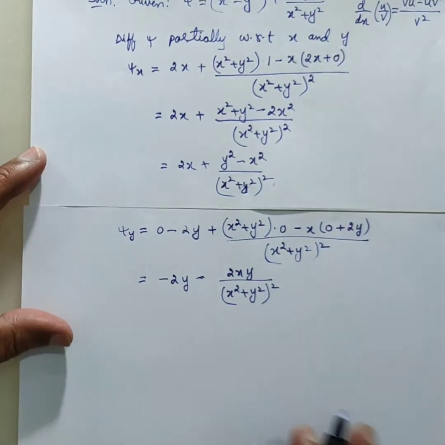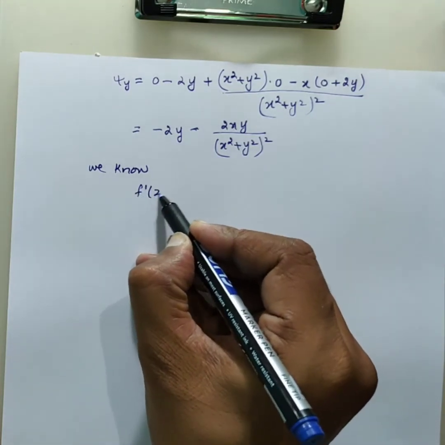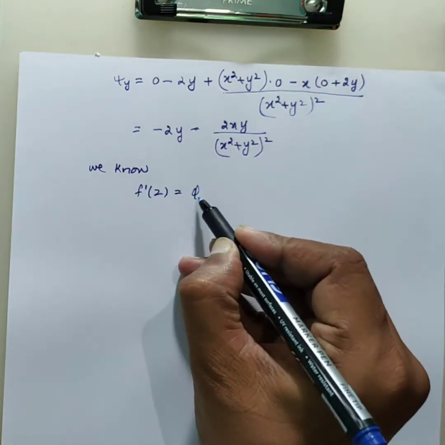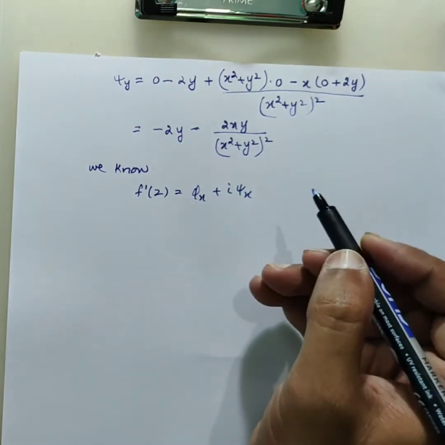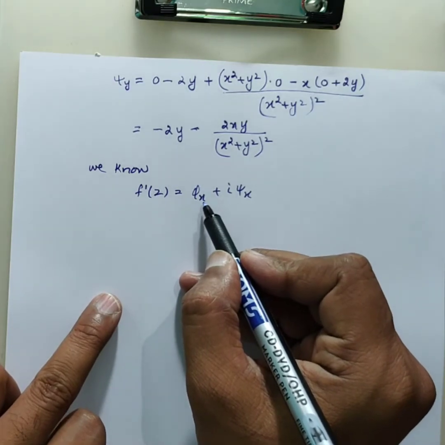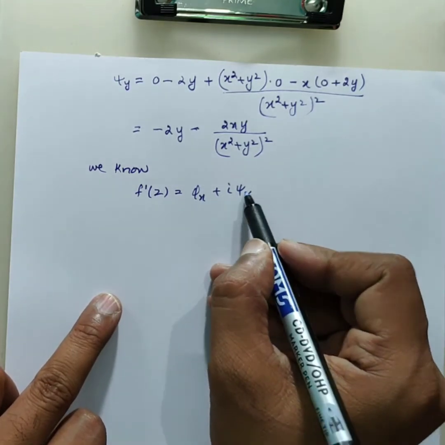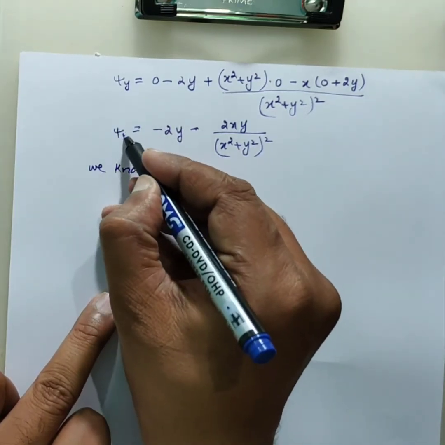So we know f dash of z will be equal to phi x plus i times psi x. I know the value of phi x, I have calculated it, but the psi x value has not been calculated. What value we have calculated is nothing but your psi y value.